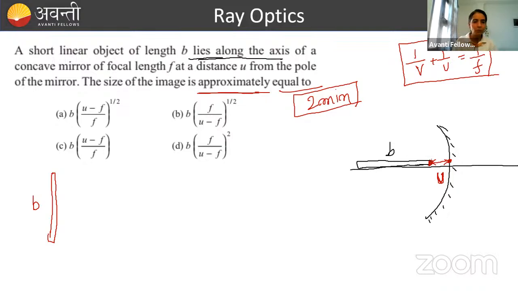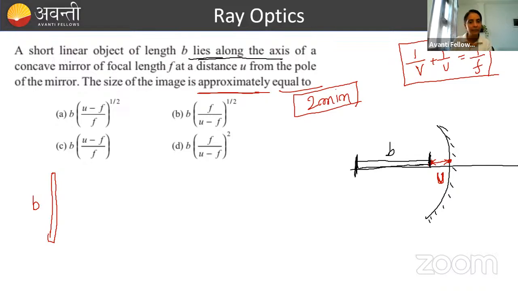अब आप ध्यान से देखो, one very simple thing, or very childish approach, or real approach. Childish doesn't mean it is wrong. It's a real approach. जैसे मैंने प्रीवियस क्लास में भी तुम लोगों को बताया था how you can determine the size of the image if the size of the object is given. So if this object has two ends, one end is this, another end is this, है ना?